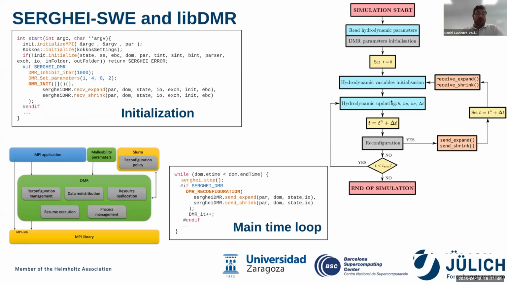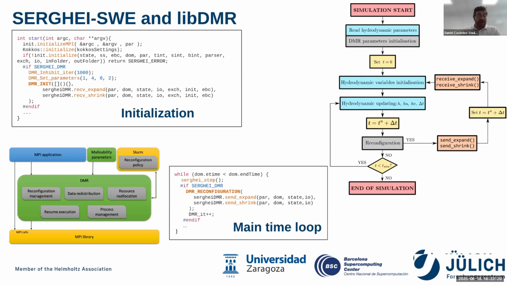From a technical point of view, this works together with a library called libDMR that is developed by our colleagues in Barcelona. I will not go into the details, but essentially what this allows us to do is that in our SERGHEI code, in our initialization, we write some hyperparameters that control how we want to do the shrinking or expansion of the computational resource set, and we provide callback functions in SERGHEI to express how the memory, our data, has to be moved around once we repartition the domain, and which GPU gets which chunk of our domain essentially.